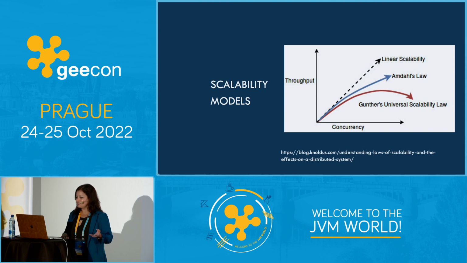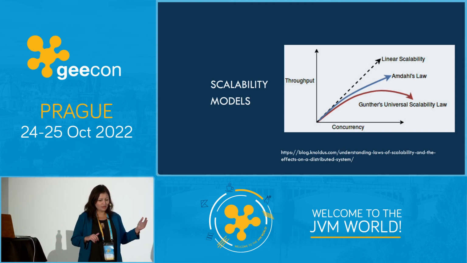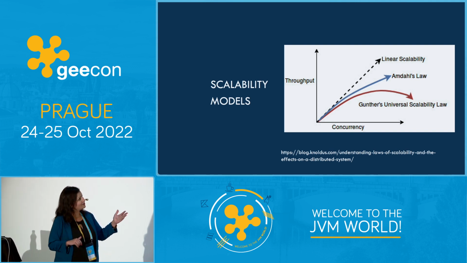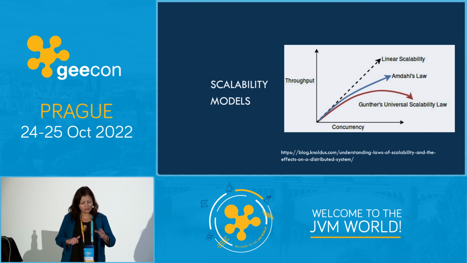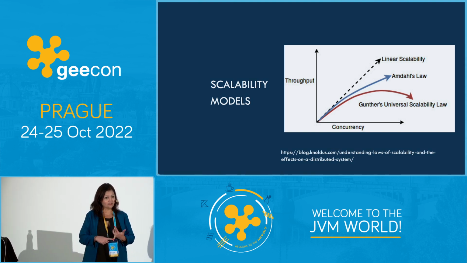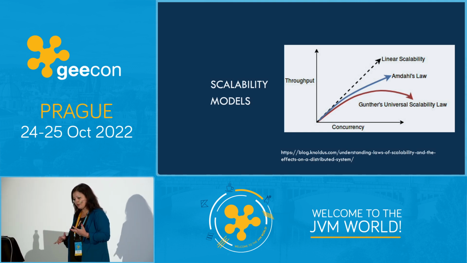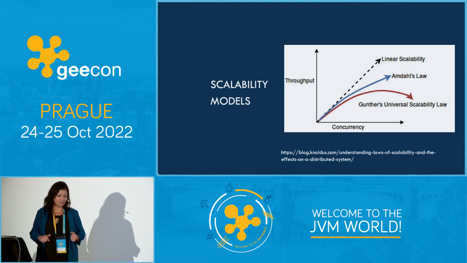Those are the 3 C's. So here again is the comparison: linear, then Amdahl's, and then Gunther's law. These are the projections. You can measure your concurrency and your coherency, apply them to an equation, and that's how you do projections.